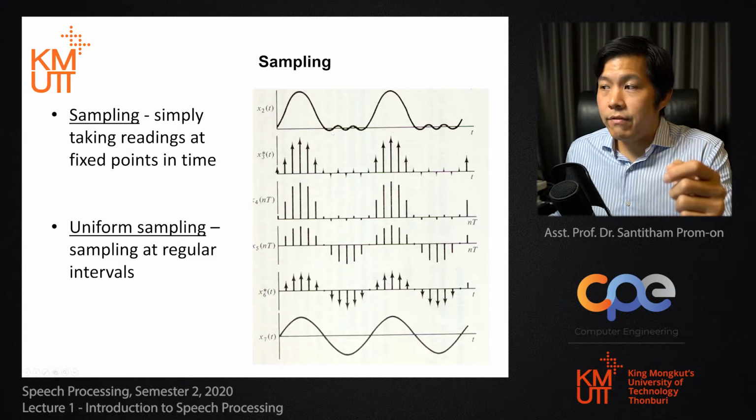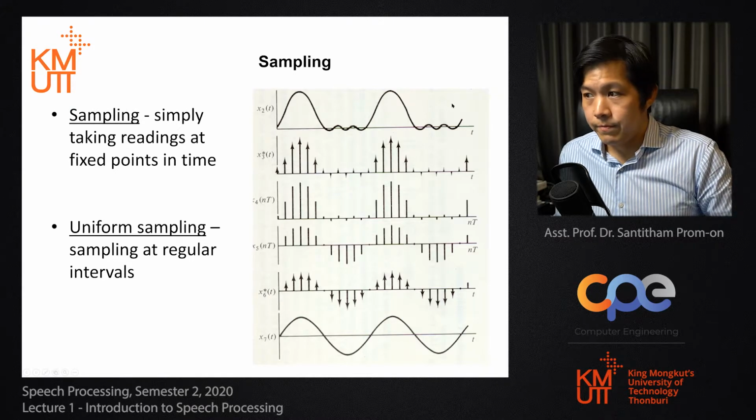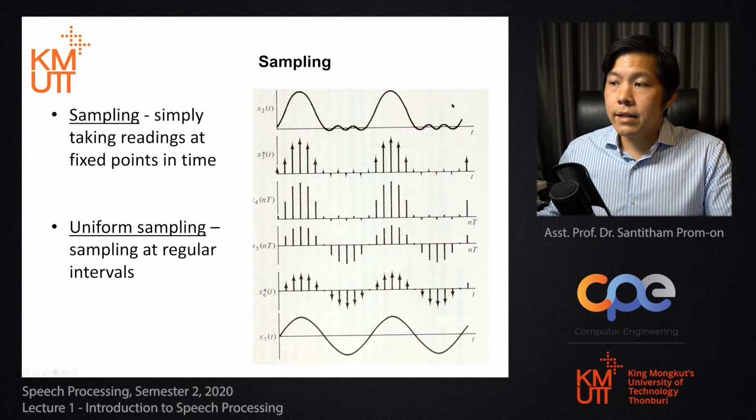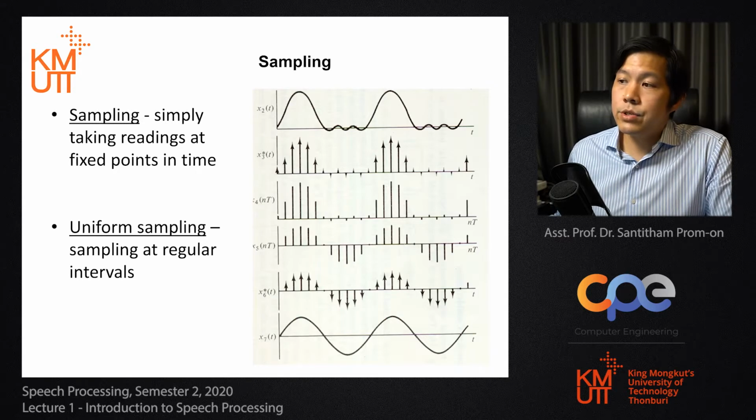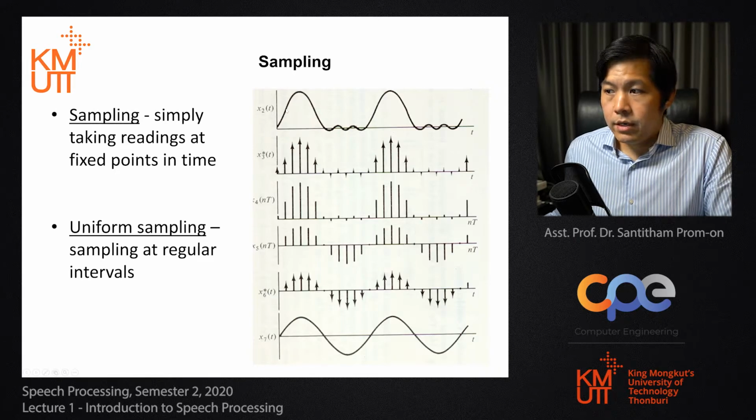You can have impulses and then convolve these impulses with the audio signal, the speech signal. That's the mathematical term. But in reality, what you want is to take one sample of data here and then take another sample here, another sample here, so that you have something like x(nT), that you have the value of data at a uniform interval.